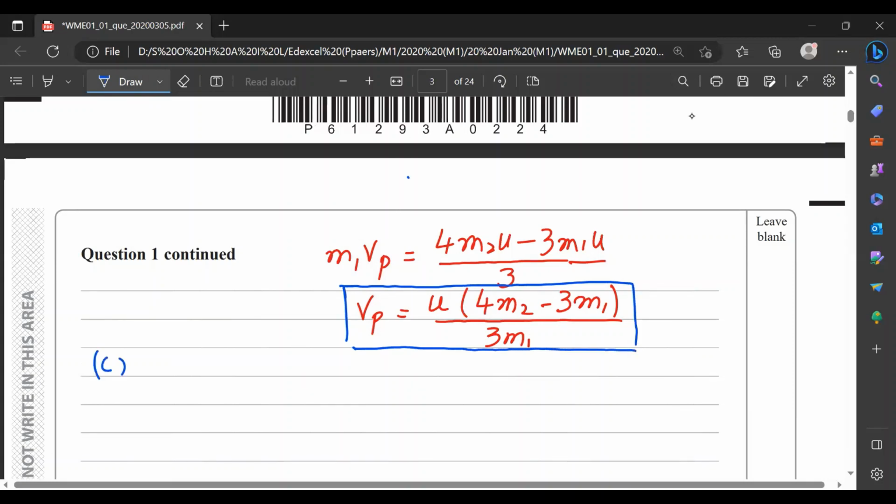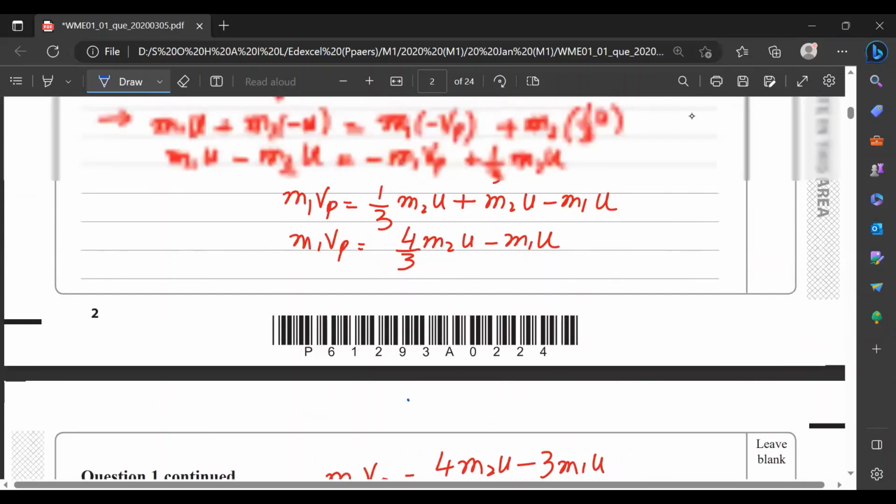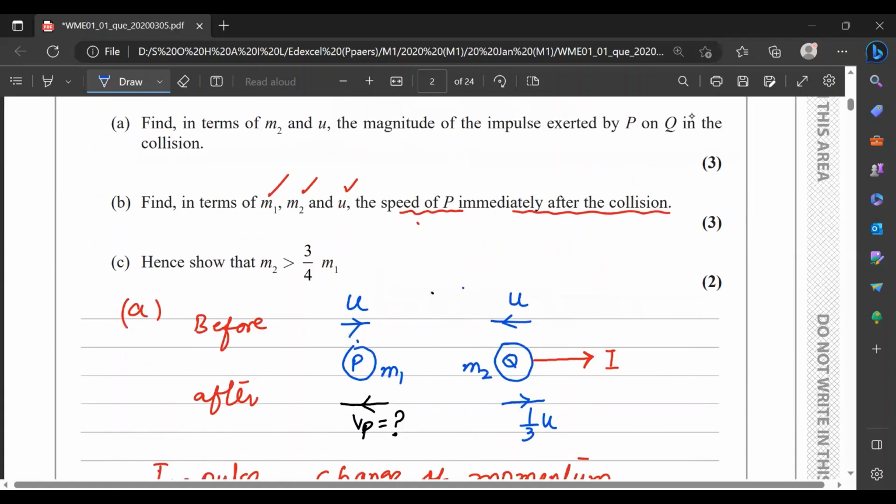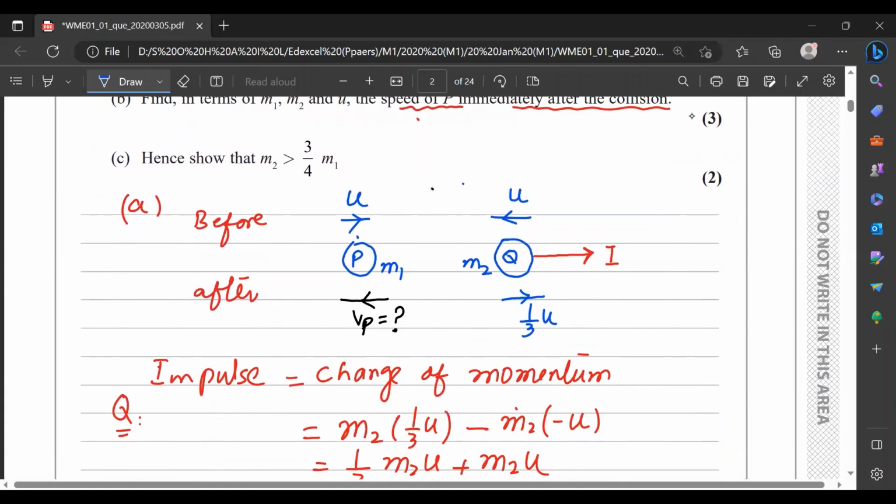Part C. Hence show that m2 is greater than 3/4 m1.